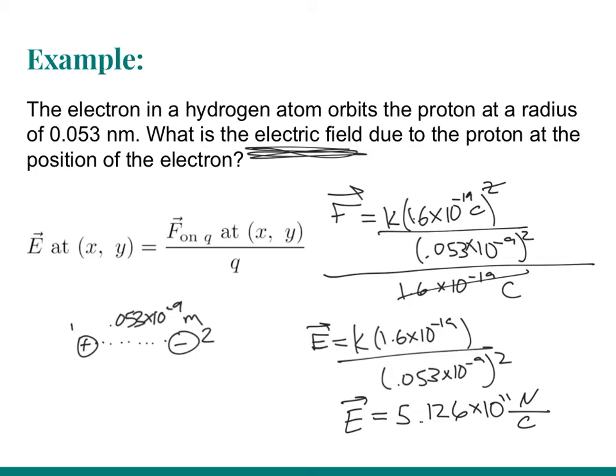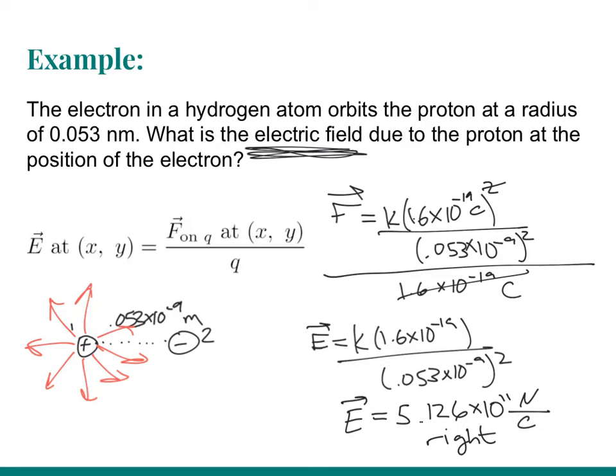So the convention for electric fields is that positive charges have fields pointing away from them and negatives have fields pointing towards them. So even though the negative charge is being attracted, we say the electric field itself is pointing away from the positive charge. So we would say, in our picture here, it would be to the right.